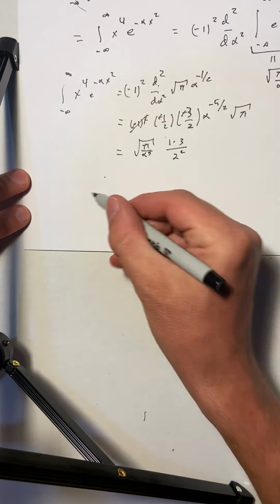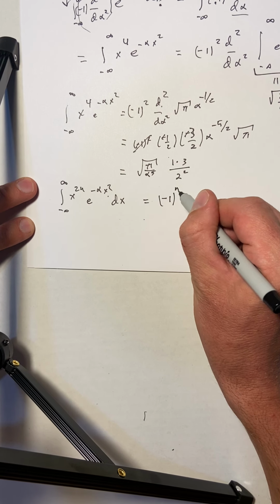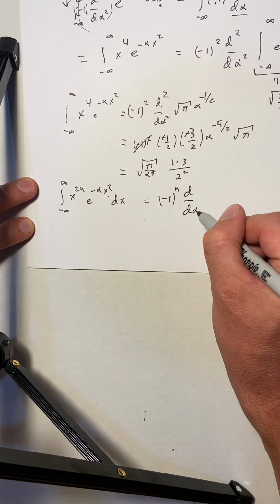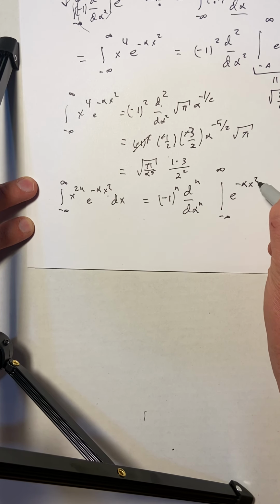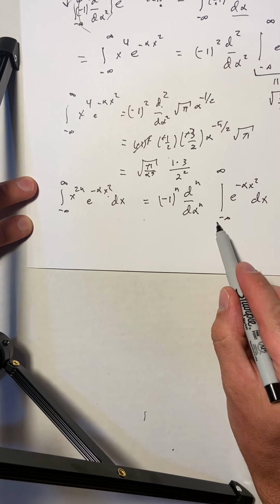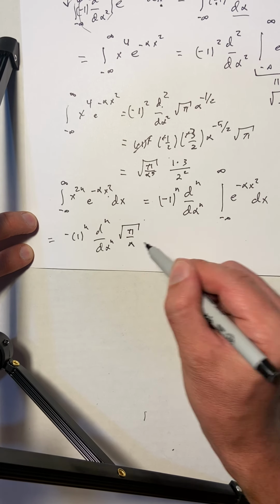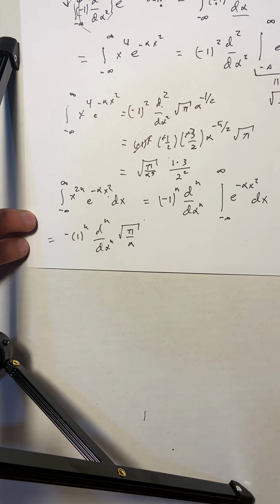So I would get negative 1 to the n, d/d alpha to the n of those, times the integral from minus infinity to infinity of e to the minus alpha x squared dx. This integral is root pi over alpha. So this is equal to minus 1 to the n, d/d alpha to the n of the square root of pi over alpha. This negative 1 should be inside those brackets.